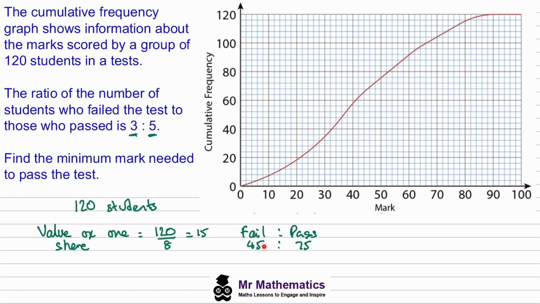So we can see that 45 students failed. So to work out the number of marks needed to pass, we'll go across from 45 to the curve, and then from the curve we'll go down to the horizontal axis. And you can see this is 35 marks. So the minimum mark to pass was 35. Okay?